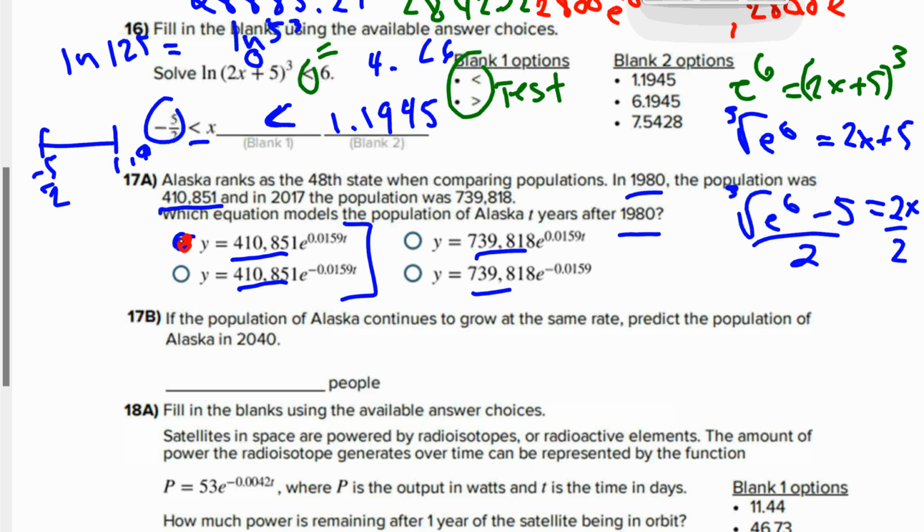If the population of Alaska continues to grow, predict the population of 2040. So how many years is that after 1980? So that would be, what, 60 years? So T equals 60. So there, it's a little bit easier. All we have to do is use that equation that we just correctly did. So if you get that part incorrect, you'll probably get 17 incorrect. So I'd recommend writing out what you're going to type into the calculator.